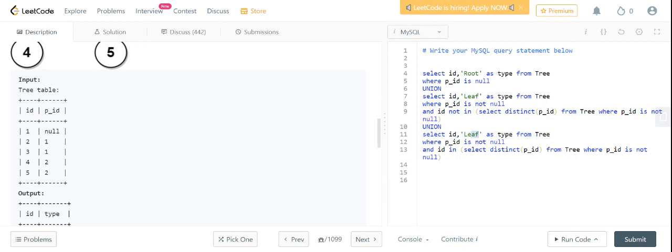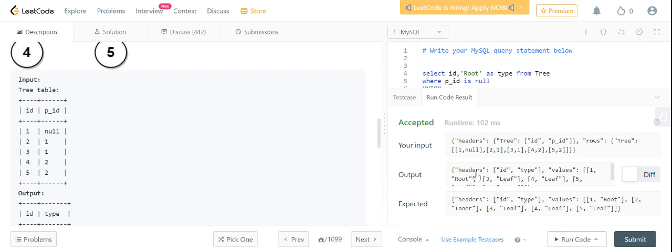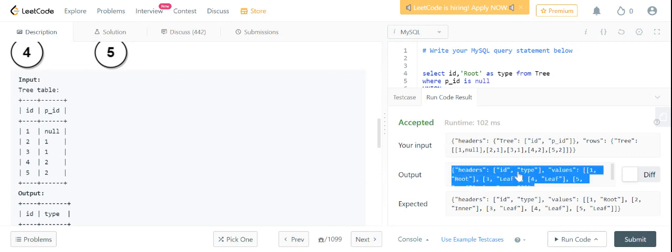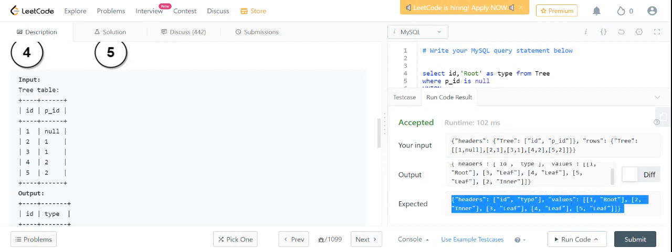The only thing remaining is the inner node. We have written the logic for this, so we just have to replace not in with in, and we will get all the inner nodes that are present in this table. Let's run this. Yes, my answer is accepted. The output I was expecting is the same as what we are getting here.